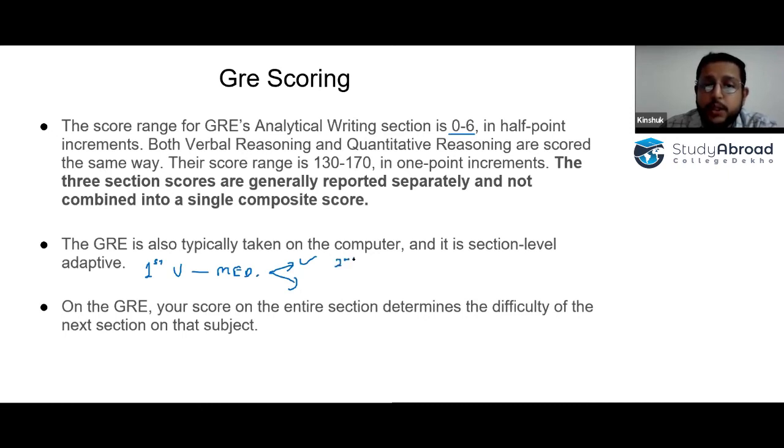So your second section, on that basis, will have high difficulty. But if you have not performed well, then the difficulty of your second section will be low. Low difficulty means the points you are awarded for each right question will be low. But if the difficulty is high, whatever questions are correct, you are getting more points there.